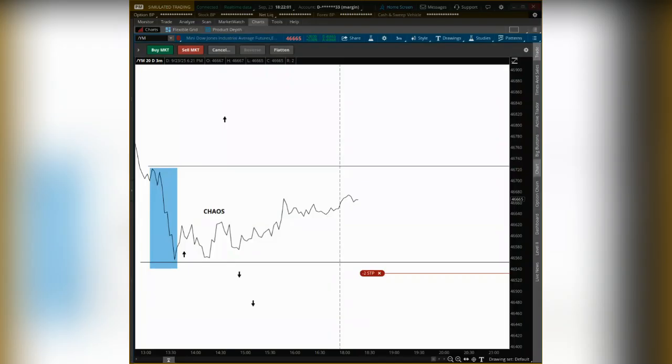Now, why did the market go back up and start rallying? If you're looking at my screen here on YM, while I was in the trade and filled, I'm waiting, thinking what's going to happen here.